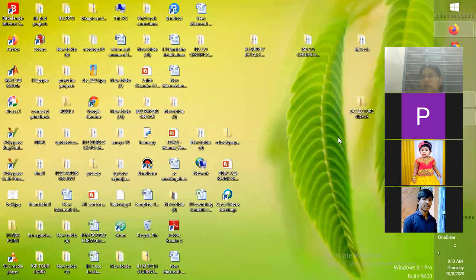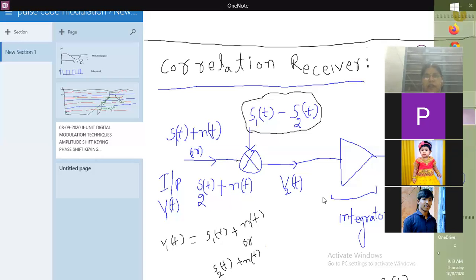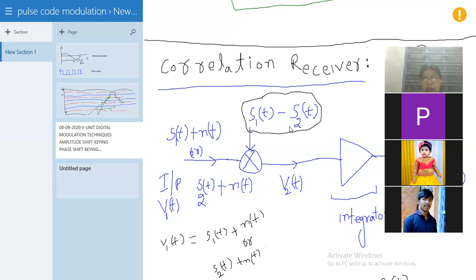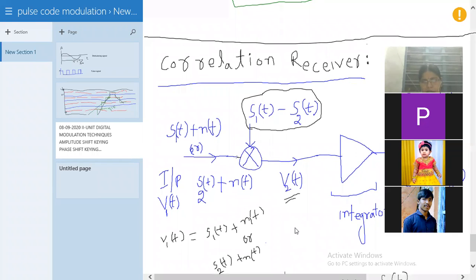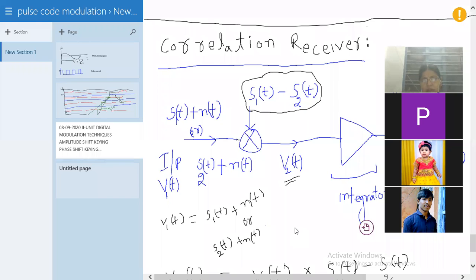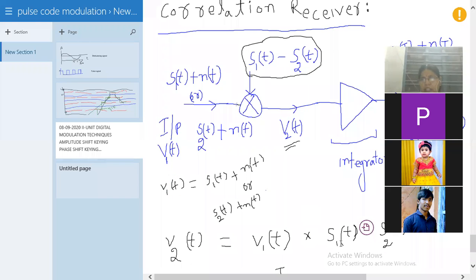Okay. So here S1 of t, S2 of t. After multiplication the output is V2 of t. So V2 of t equals V1 of t into S1 of t minus S2 of t.